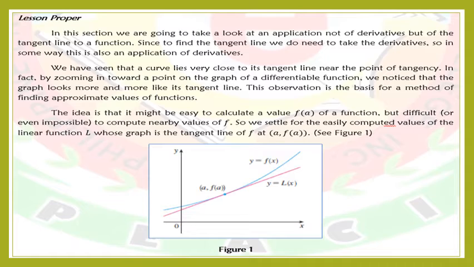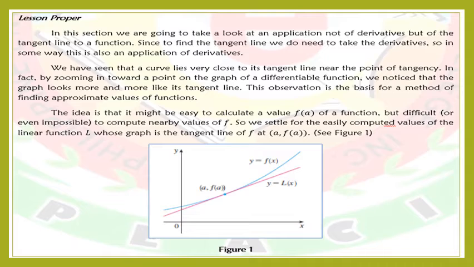The idea is that it might be easy to calculate a value of a function f, but difficult or even impossible to compute nearby values of f. So we settle for the easily computed values of the linear function L, whose graph is the tangent line of f at the point (a, f(a)).